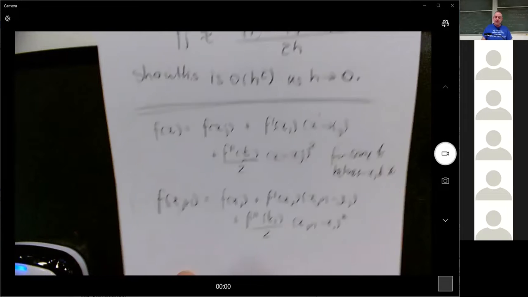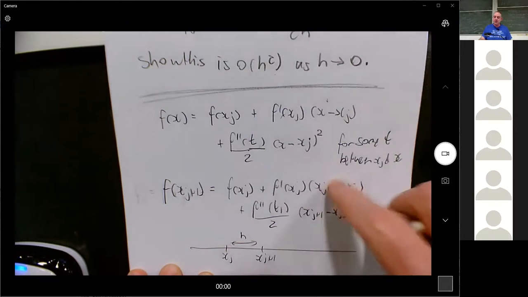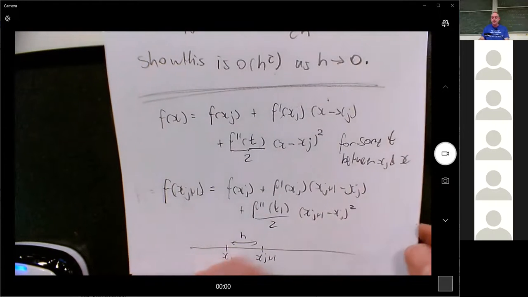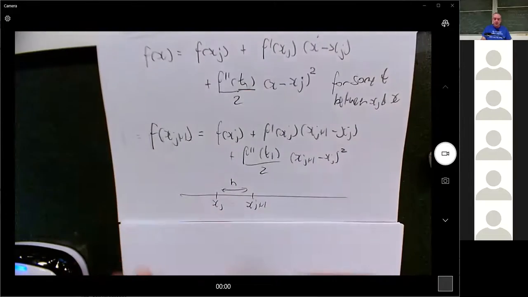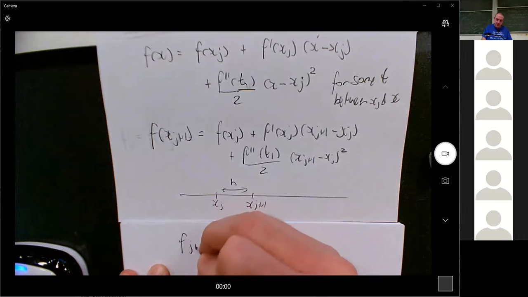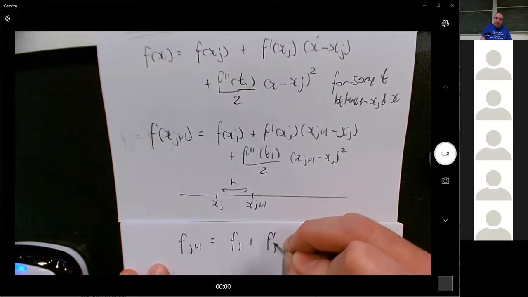And based on my diagram, here's xj and here's xj plus 1. That distance is h. And so I get fj plus 1 is fj plus f dash j.